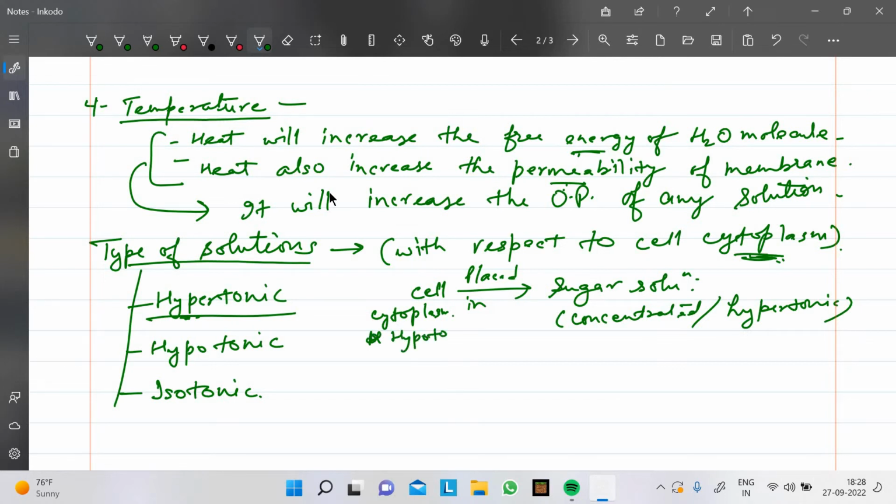Hypo means less. So what is the concentration of the cytoplasm? Less. What is the concentration of sugar? More. So one solution is hypotonic and another is hypertonic.